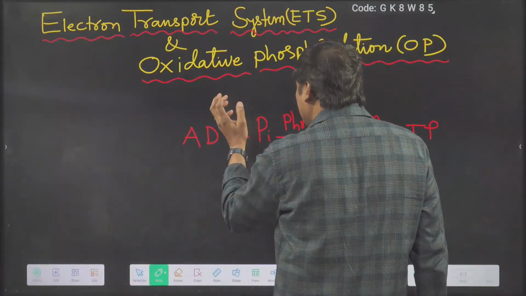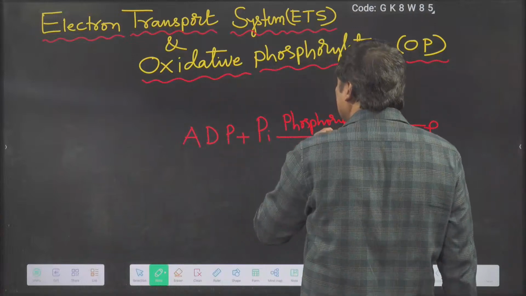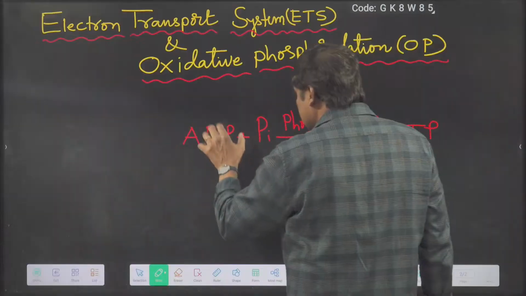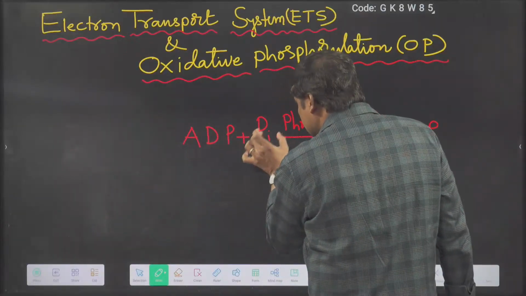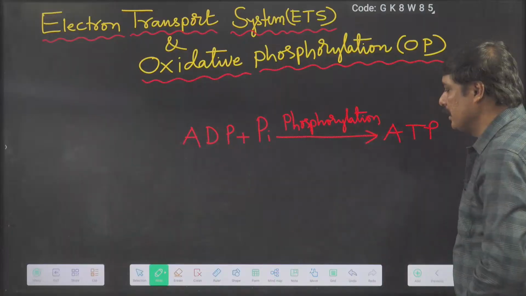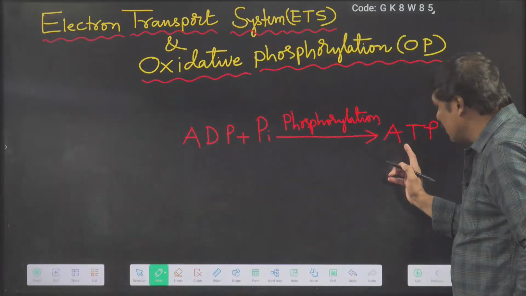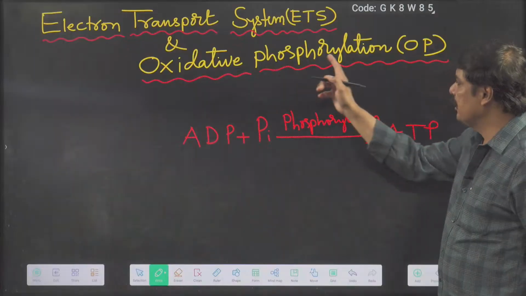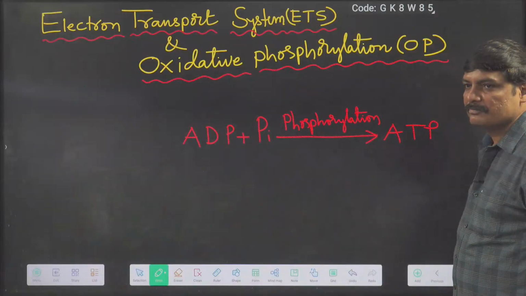Because of oxidation reduction, energy is liberated. Using this energy, ADP combines with inorganic phosphate and forms ATP. This formation of ATP is known as oxidative phosphorylation.